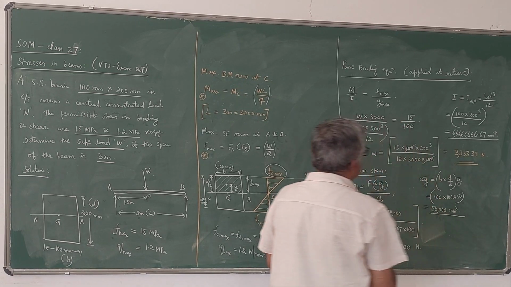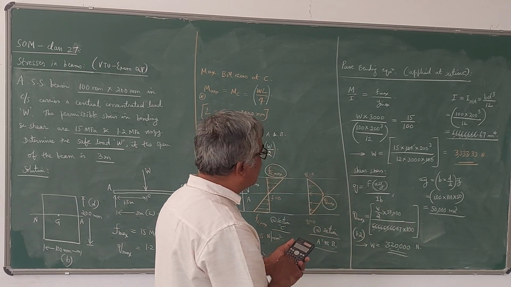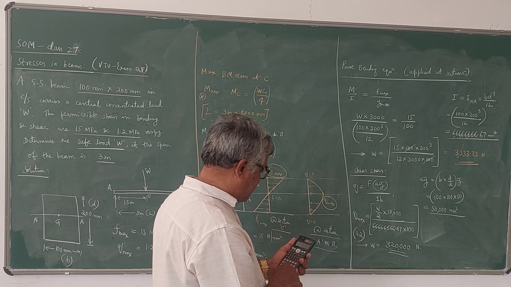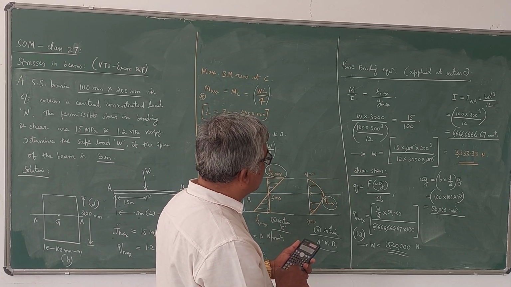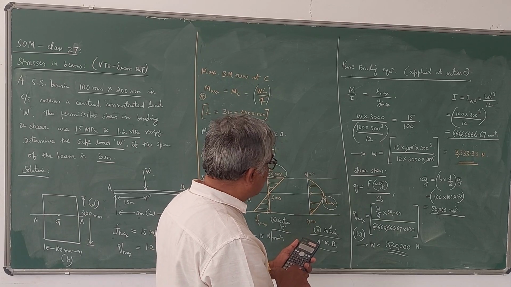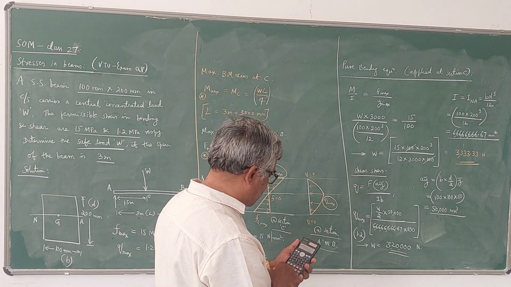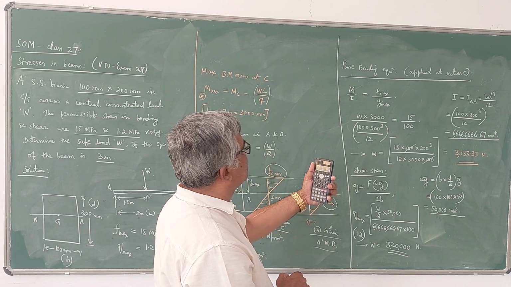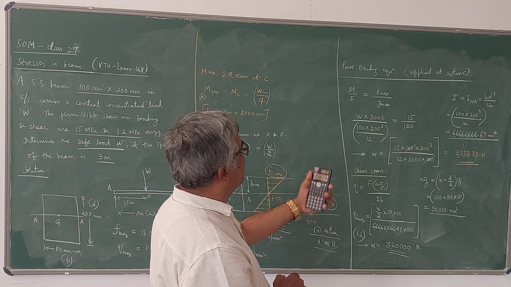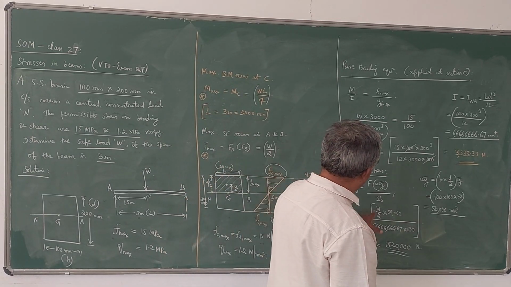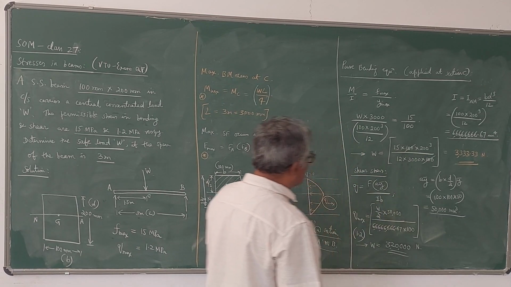Okay, let me check once again the value. 15 into 200 cube divided by 12 divided by 3,000, which is 3333.33 Newton.